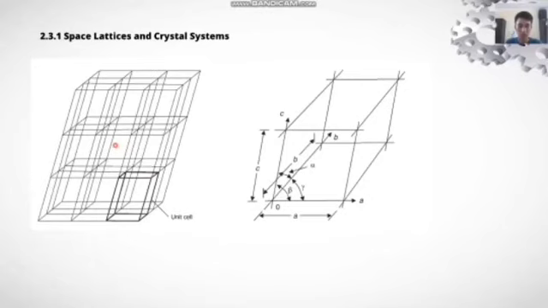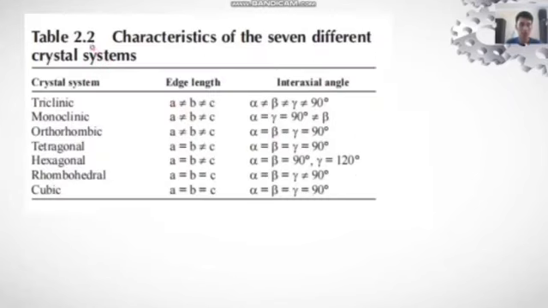The geometry of a space lattice is completely specified by the lattice constants a, b, and c, and the interaxial angles alpha, beta, and gamma. Table 2.2, Characteristics of the 7 different crystal systems.